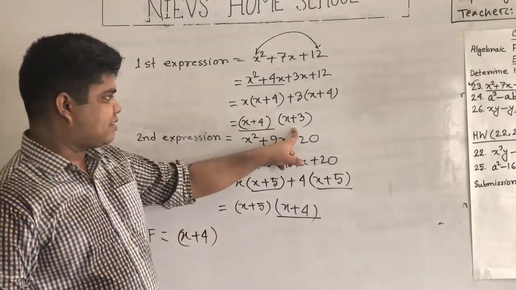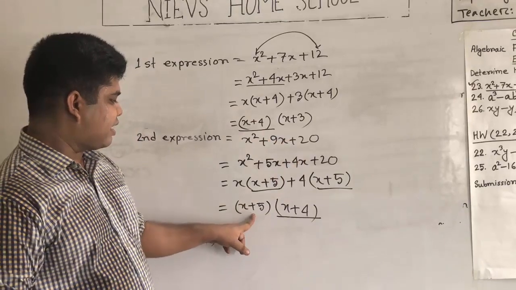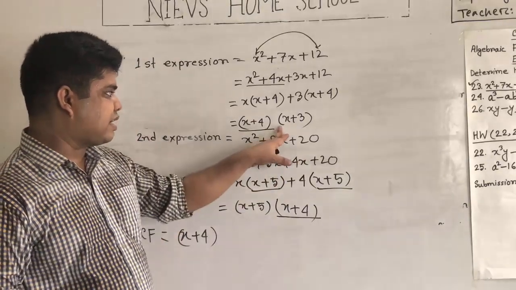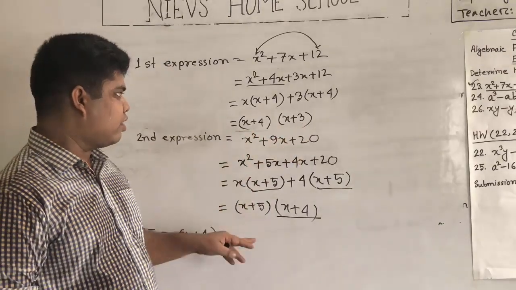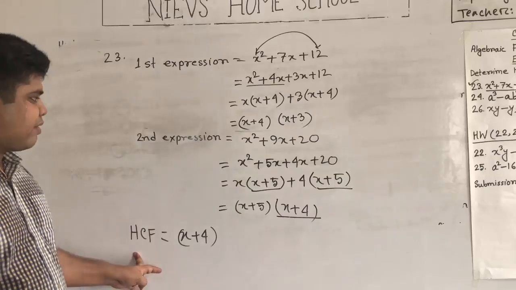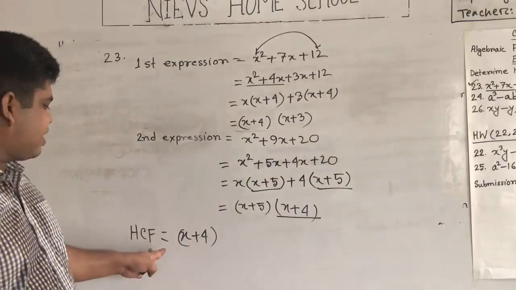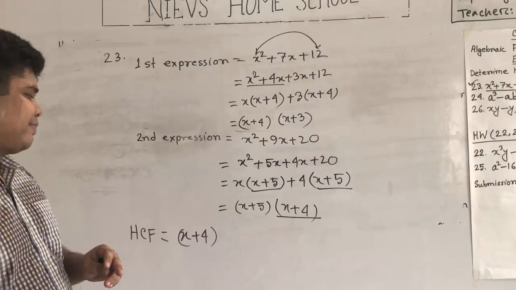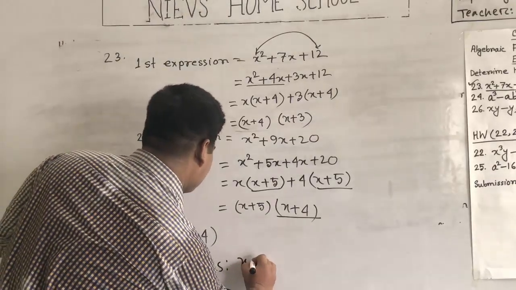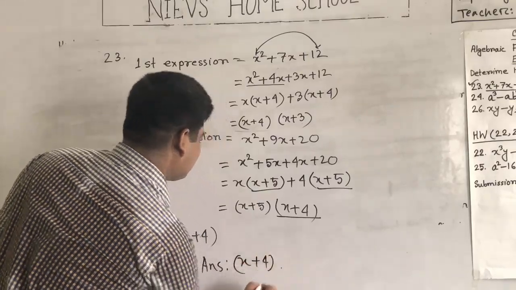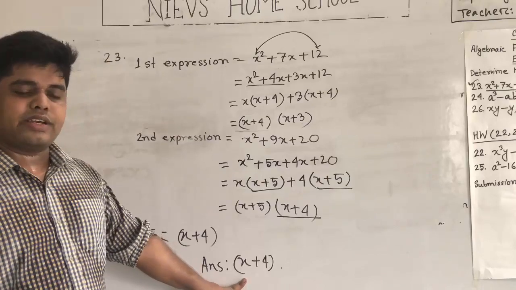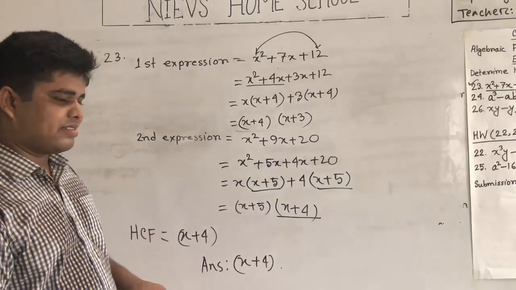And notice x plus 3, but the second expression does not contain x plus 3, and the first expression has no x plus 5. So we take x plus 4 as the HCF. I hope you have understood how you can find out the HCF of two or more expressions. So now we write the answer x plus 4. My dear students, you must write the answer. If you don't write the answer, some marks will be deducted from your answer script.